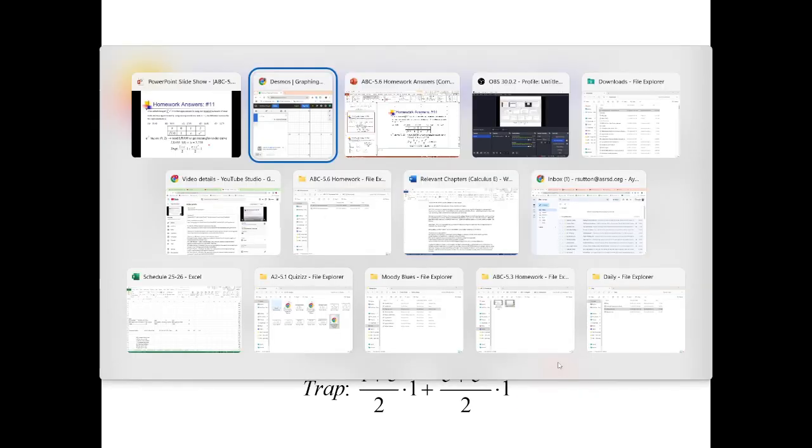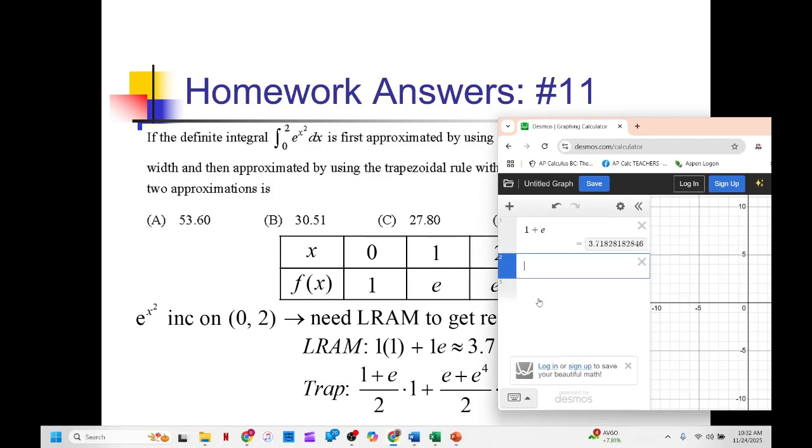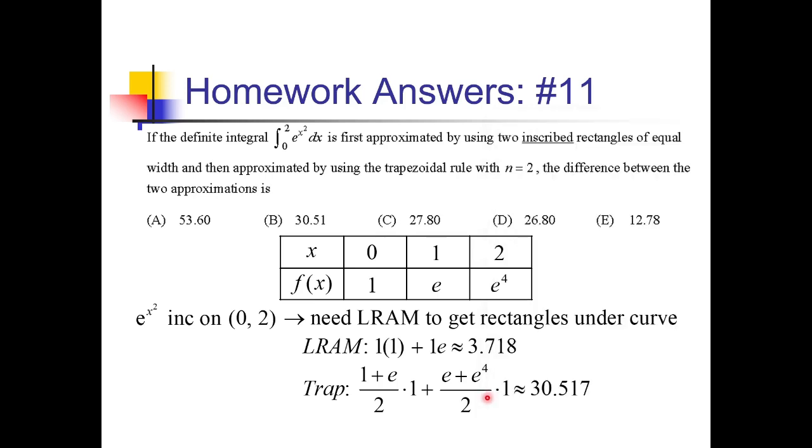And let's plug all of that in Desmos. So I need a fraction, 1 plus e over 2, and I'm not going to worry about multiplying by 1 because I know what that's going to do, plus another fraction. We have e plus e to the 4th power divided by 2, and this all comes out to about 30.517.